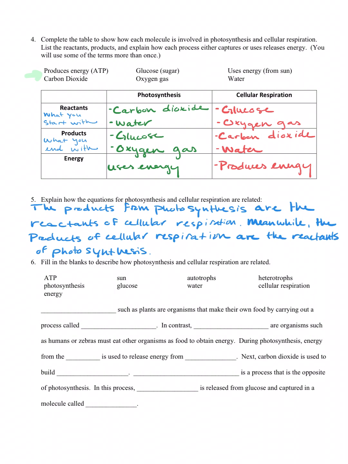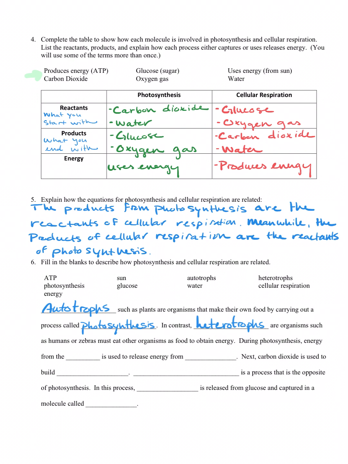And finally, number 6 is asking you to fill in the blanks to describe how photosynthesis and cellular respiration are related. When you've completed this paragraph, it should say, autotrophs, such as plants, are organisms that make their own food by carrying out a process called photosynthesis. In contrast, heterotrophs are organisms such as humans or zebras that must eat other organisms as food to obtain energy.